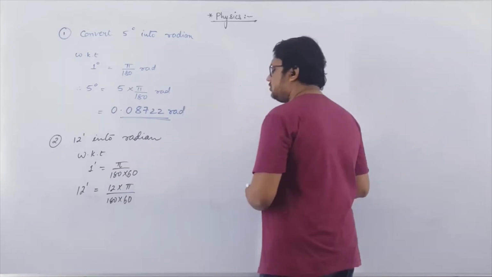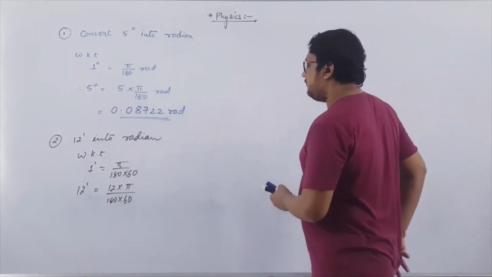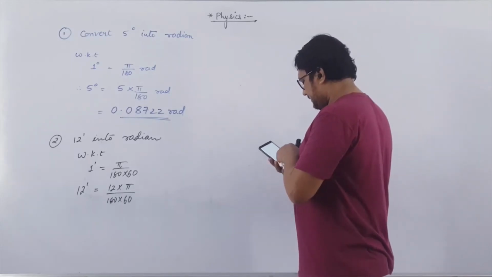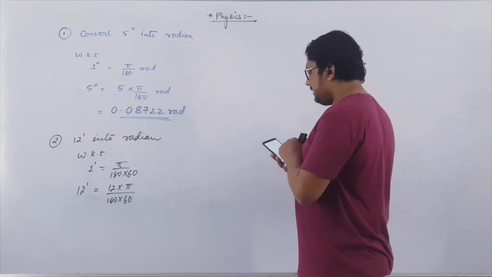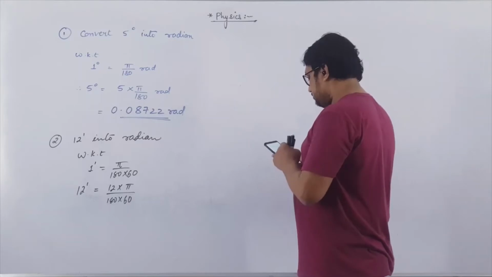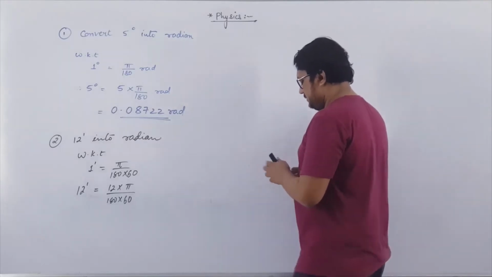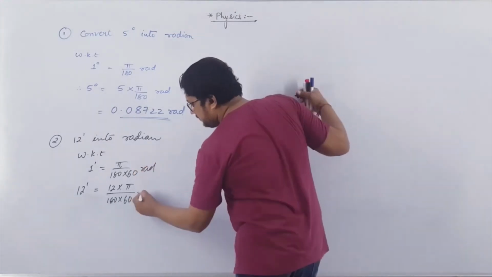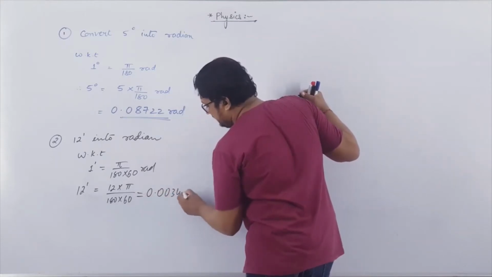Instead of pi we write 3.14. So 12 into 3.14 divided by 180 divided by 60 will be 0.003488 radian.